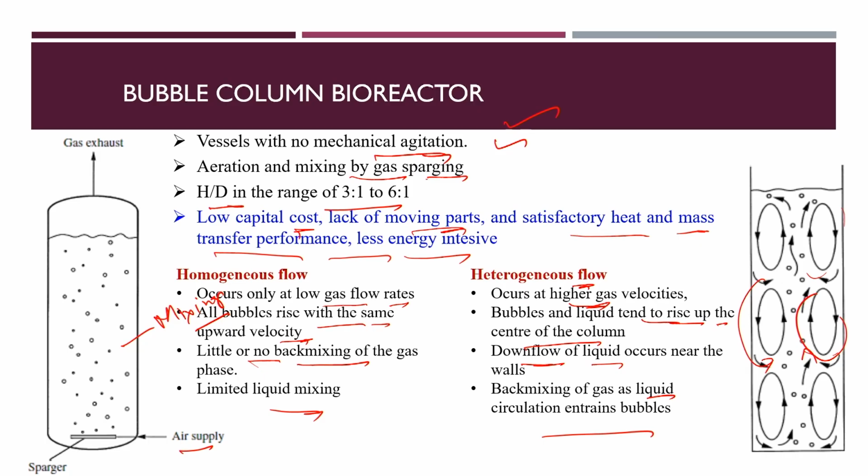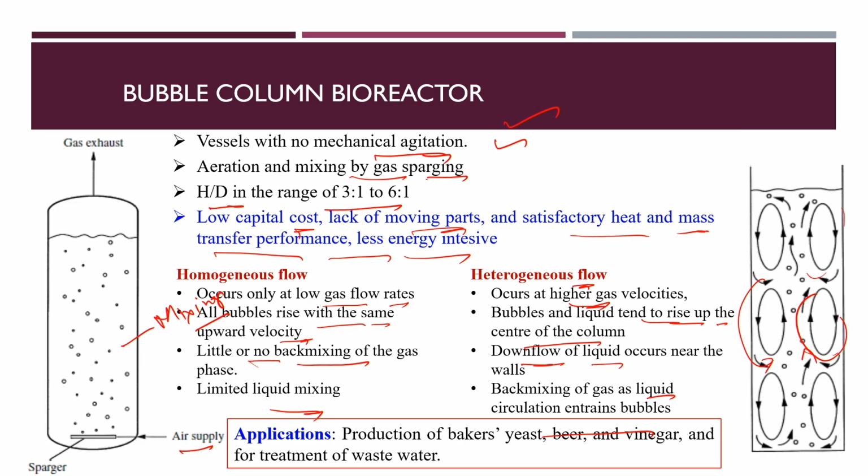So, we can operate this bubble column in a homogeneous flow as well as in heterogeneous flow. Mostly it is applied for the production of Baker's yeast, beer, vinegar and in biological wastewater treatment.